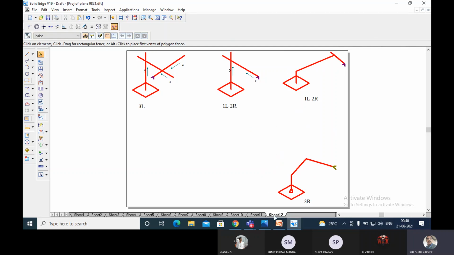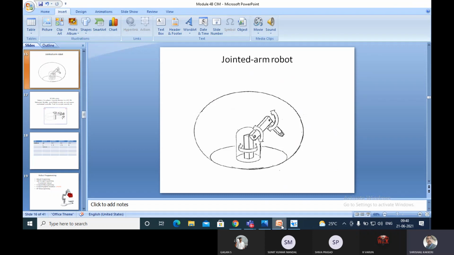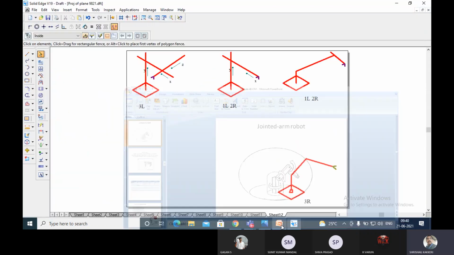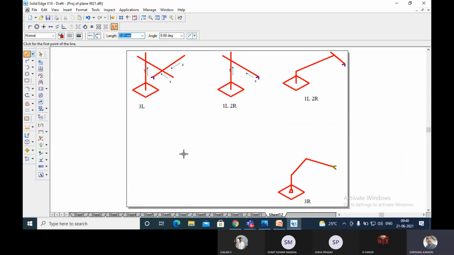Okay, these three types. Now let me come to the jointed arm articulated robot, this one, which is the vertical jointed arm articulated. And if you talk about the horizontal, it will be like this.